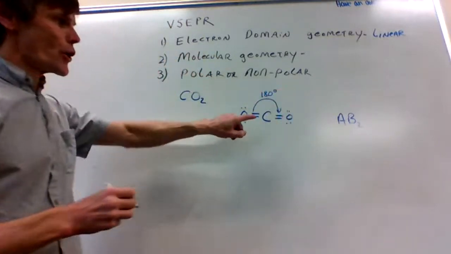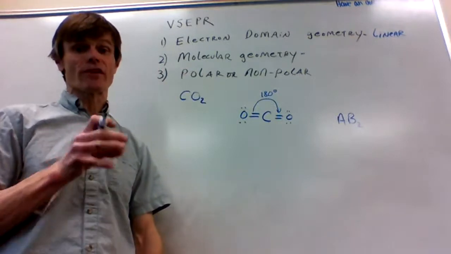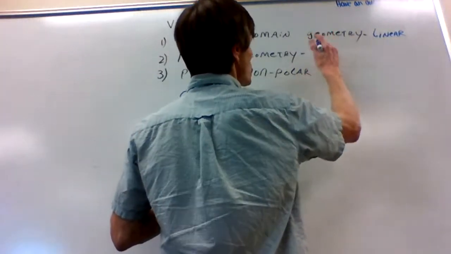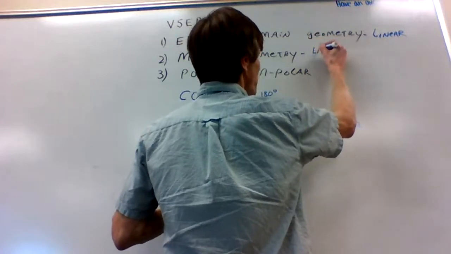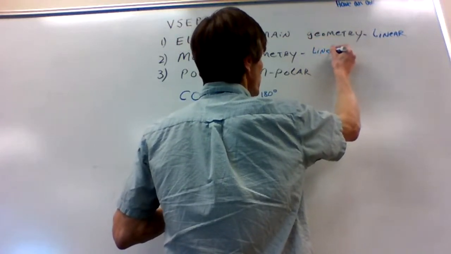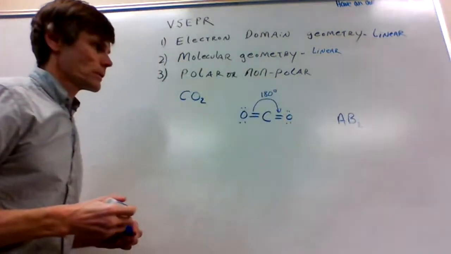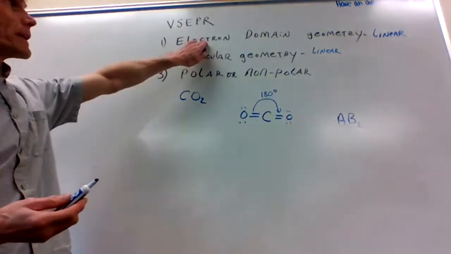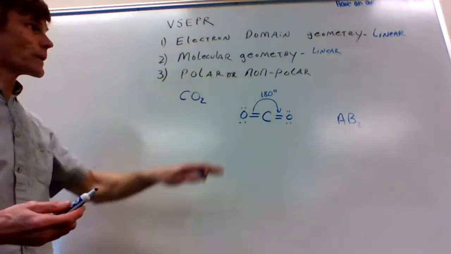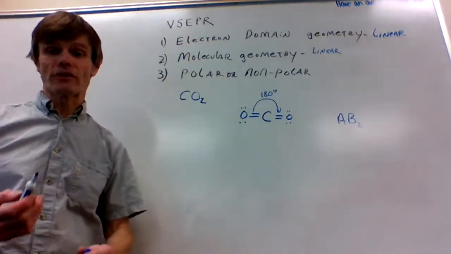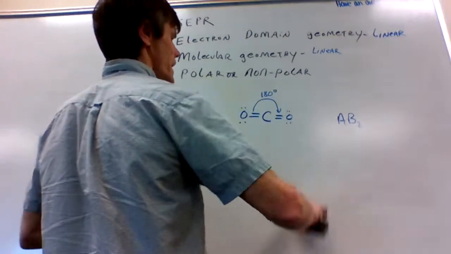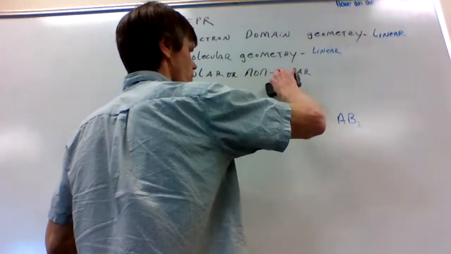And since there are no lone pairs of electrons on the central atom, the electron domain geometry and the molecular geometry are the same. Linear. It's a linear molecule. It has a linear electron domain geometry and a linear VSEPR predicted structure. Now the next question, is it polar or nonpolar?